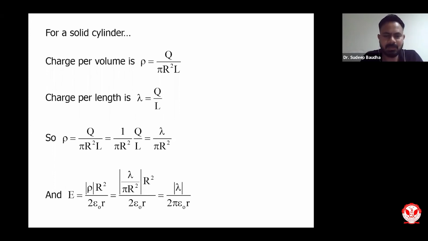Isn't it interesting? It depends upon the radius of the cylinder, the volume charge density over the cylinder, and the distance from where we are calculating the electric field. So I hope you have got this. Any issues with this?